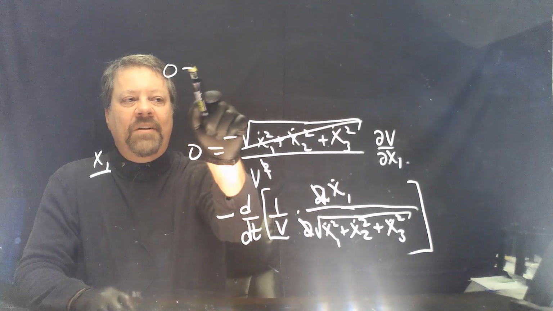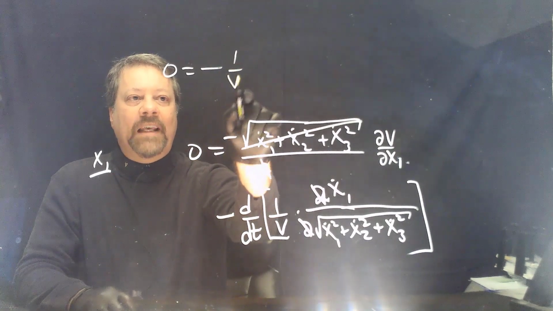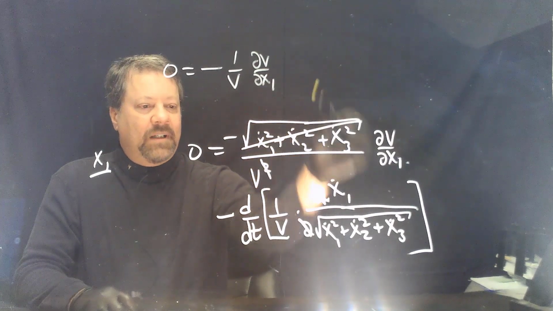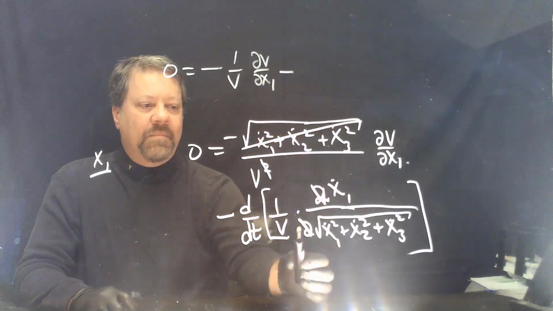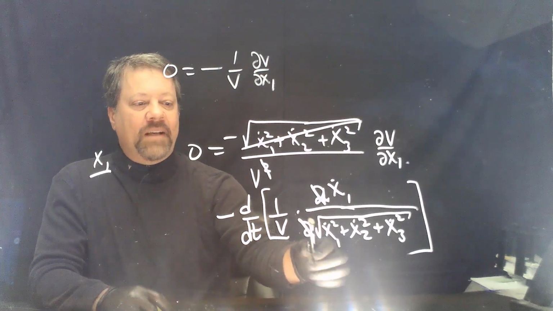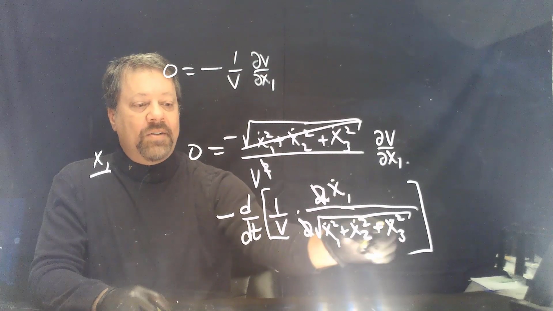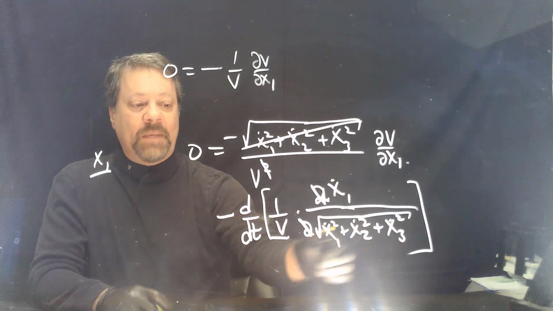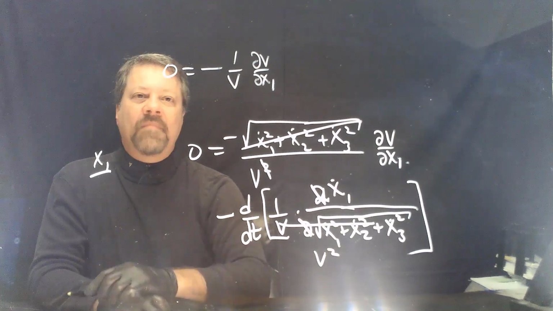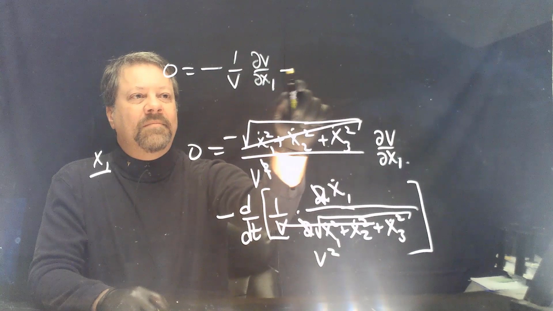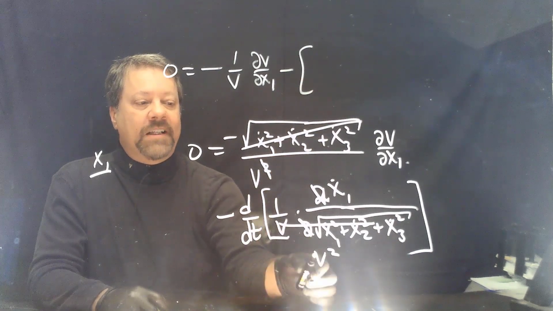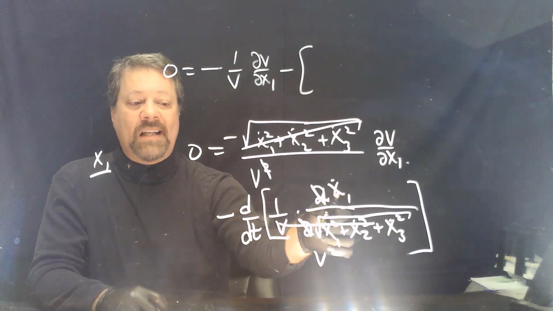We'll have 0 is negative 1 over v times dv dx1, and then minus, now we'll have to use a product rule. By the same reasoning, this is also another representation of v, speed, times another, so we have a v squared here in the denominator. When we take the derivative, we'll be taking the derivative of 1 over v squared times this x1 dot.